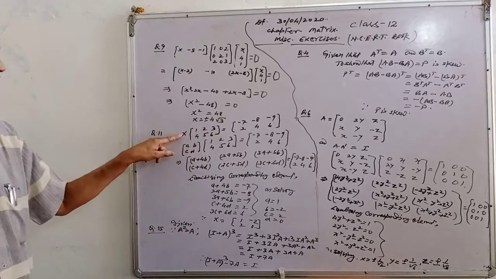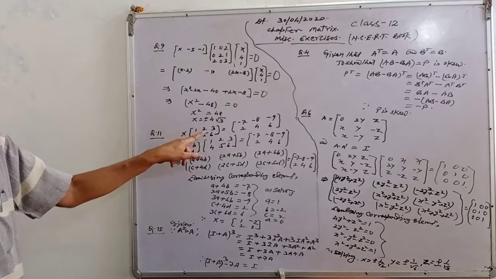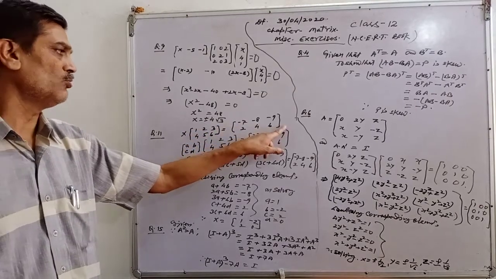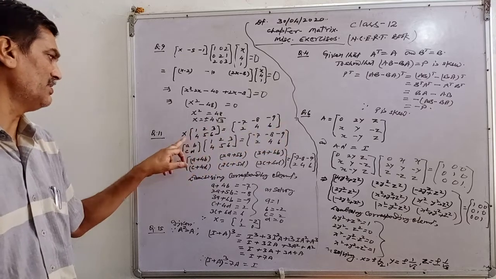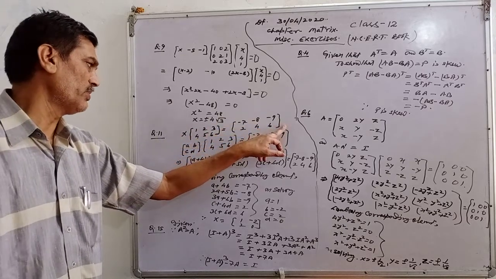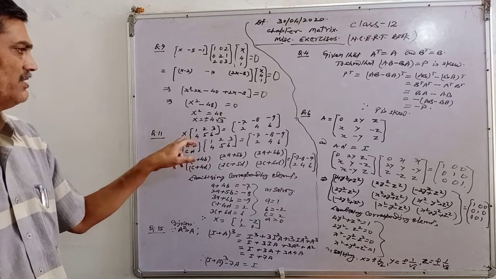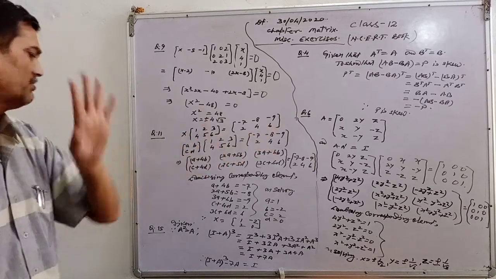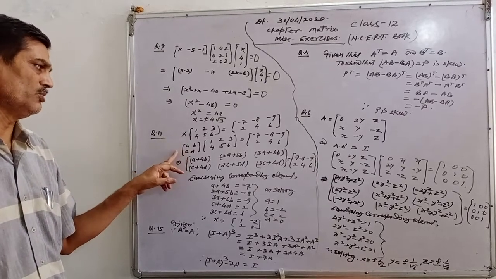So here the order of the x matrix will be 2 into 2. Why? Because when you multiply by this, you get 2 into 3 order, means the rows of the obtained matrix are the rows of the x matrix, and the columns are those of the second matrix.